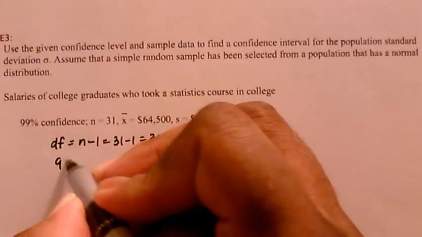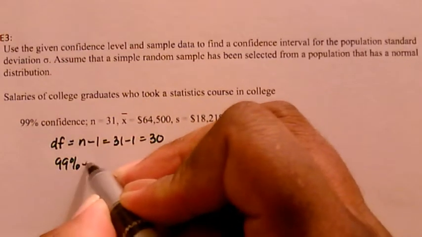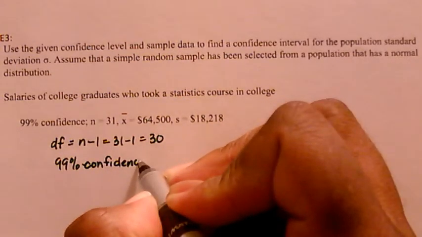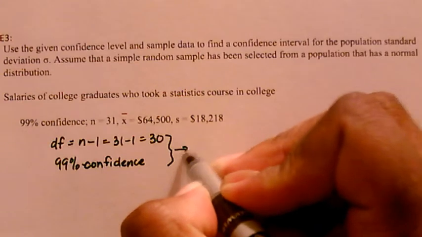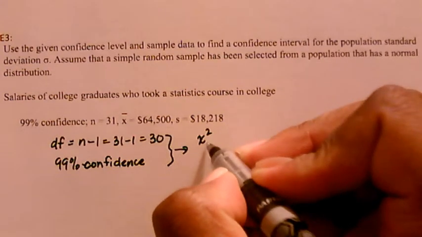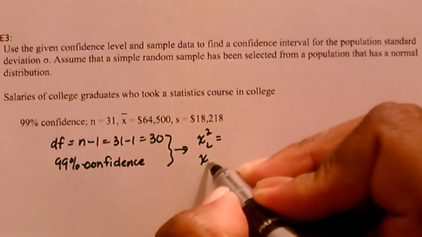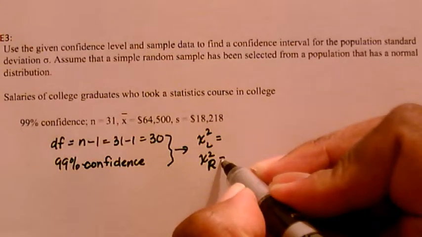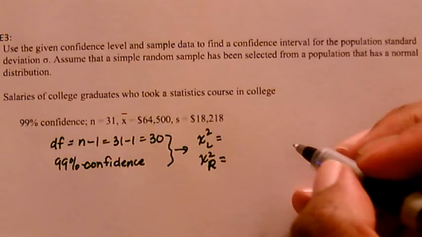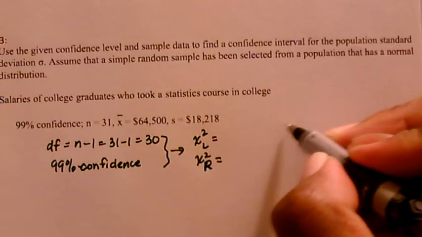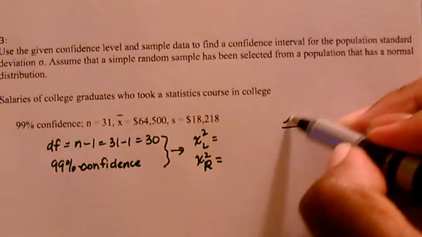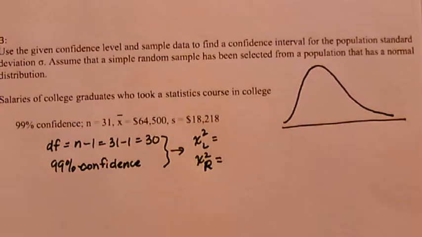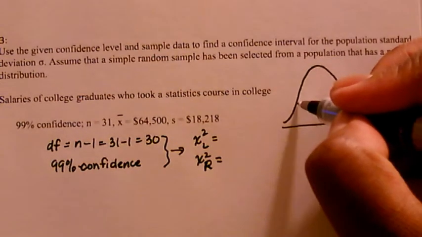Now we got a 99% confidence level. So here we want a chi-square value on the left and a chi-square value on the right. And on the far right, I'm going to go ahead and draw my chi-square curve.